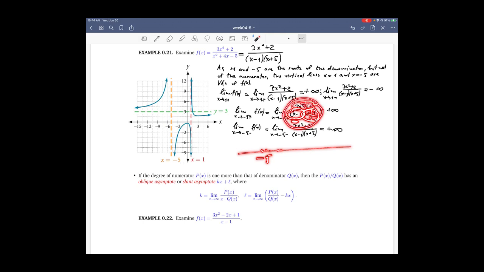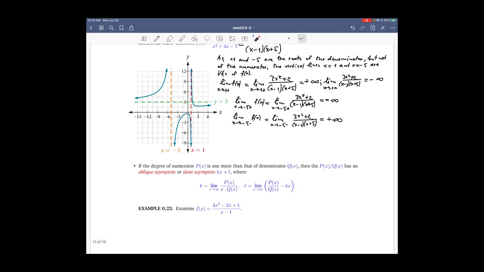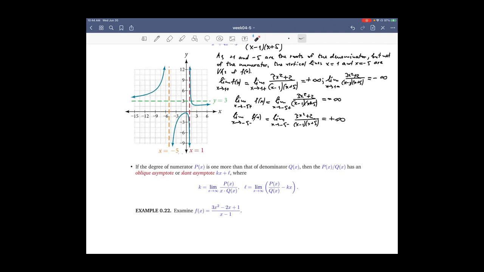So the entire fraction is then negative. And again, even if we didn't have this picture on the left, we could have obtained all these results just from computing the limits.